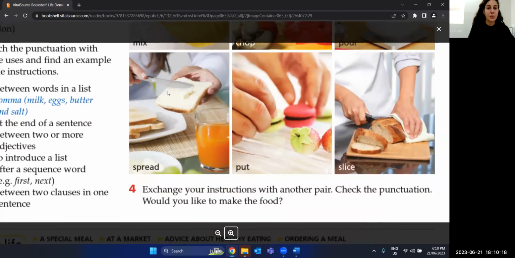Spread. So spread is like if I have Vegemite or peanut butter and I'm spreading it. So I'm going like this. That's the action, spread. Put just means like put something on top of something, or put. Slice.